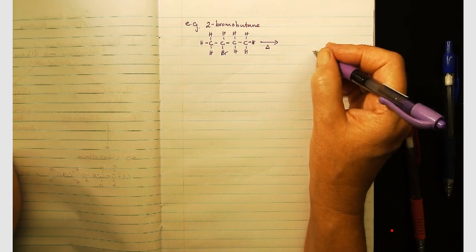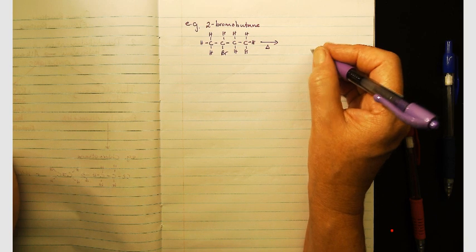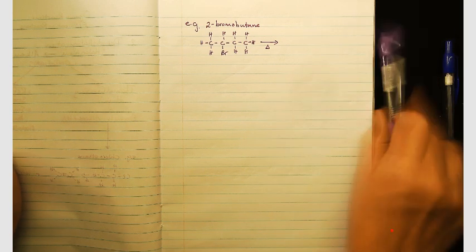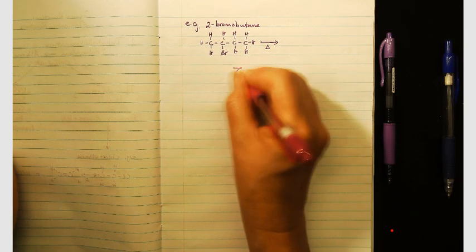Both are a possibility. Now, with the addition reactions, we had Markovnikov. With elimination reactions, we have Zaitsev.